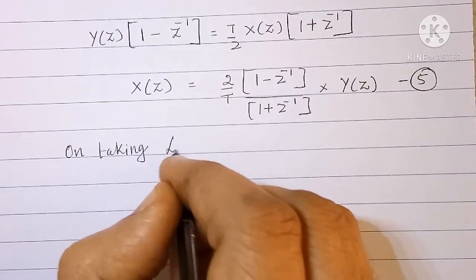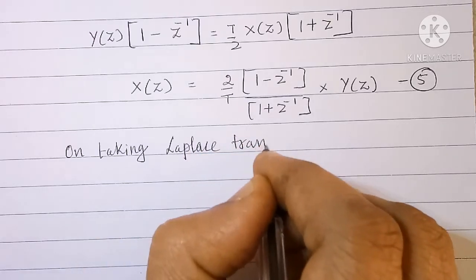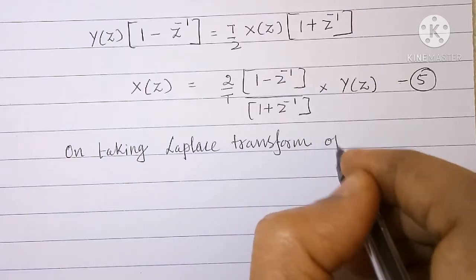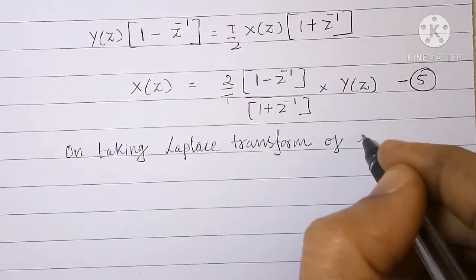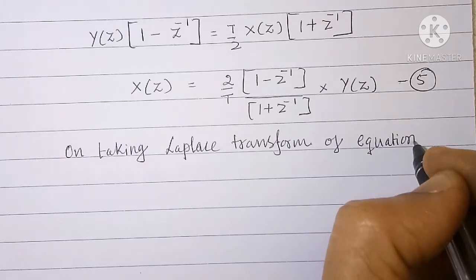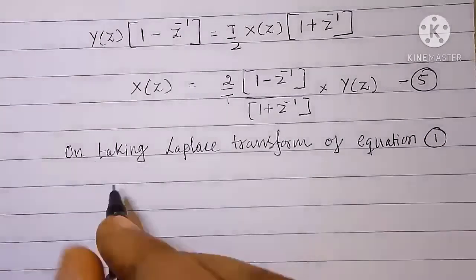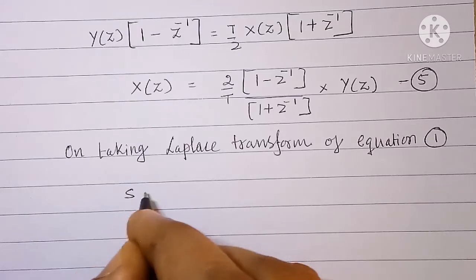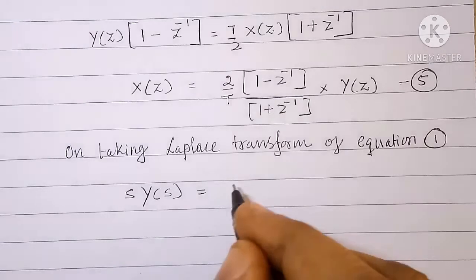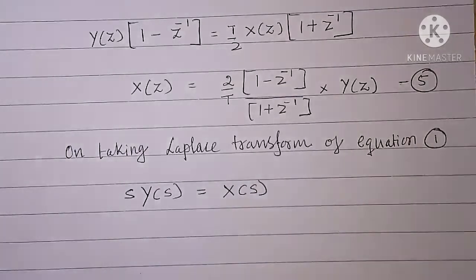On taking the Laplace transform of equation 1, we get s into Y of s equal to X of s.